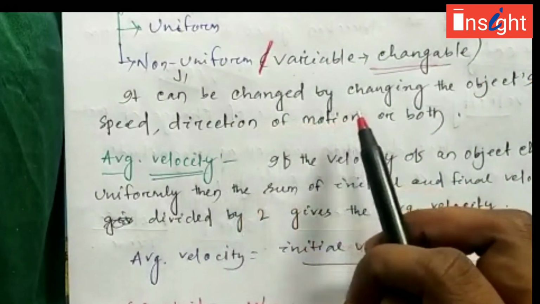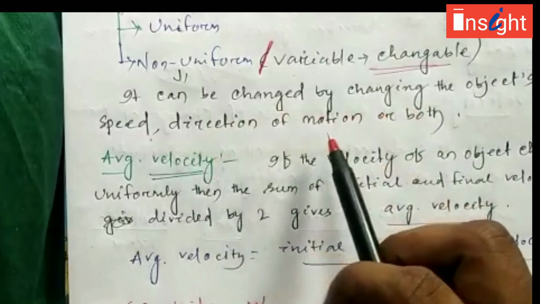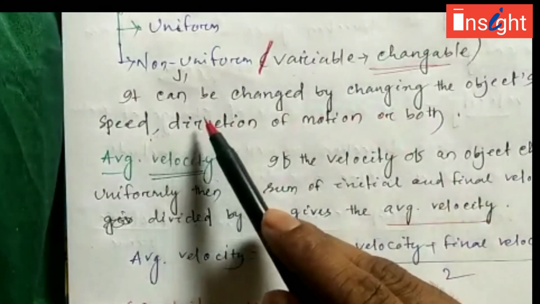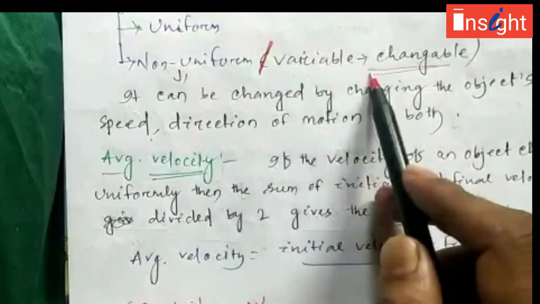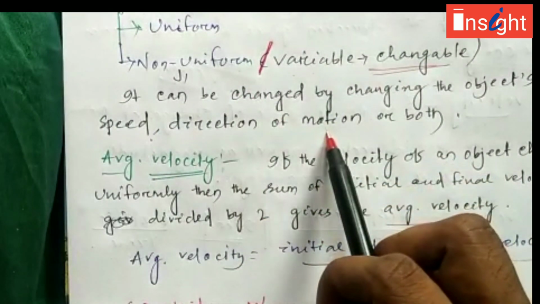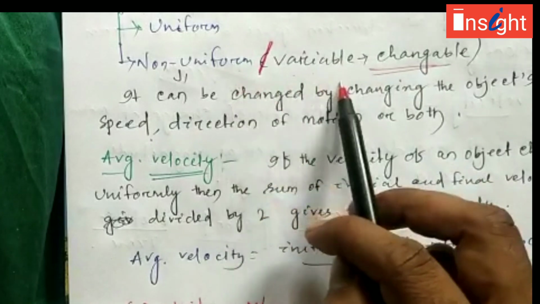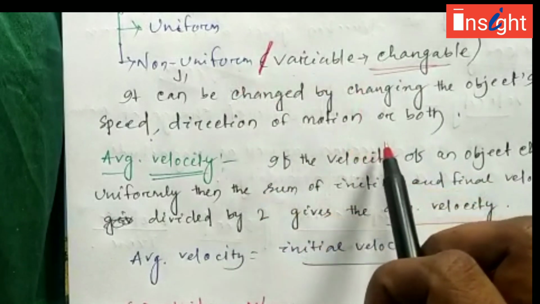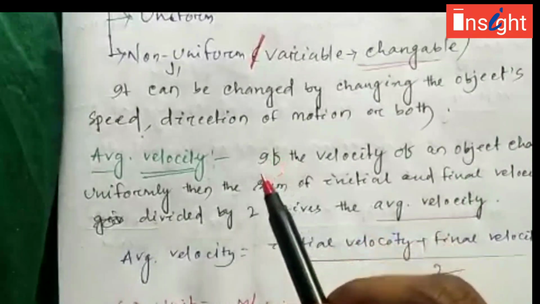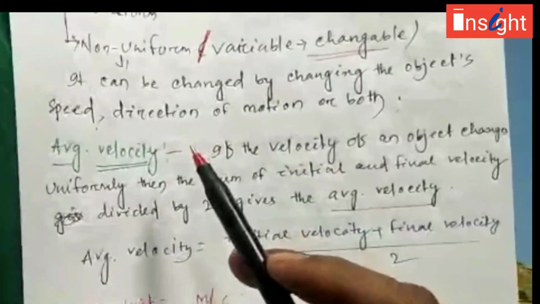It can be changed by changing the object's speed, the direction of motion, or both. If we change the speed, the direction, or both the speed and the direction, it is known as non-uniform or variable velocity.